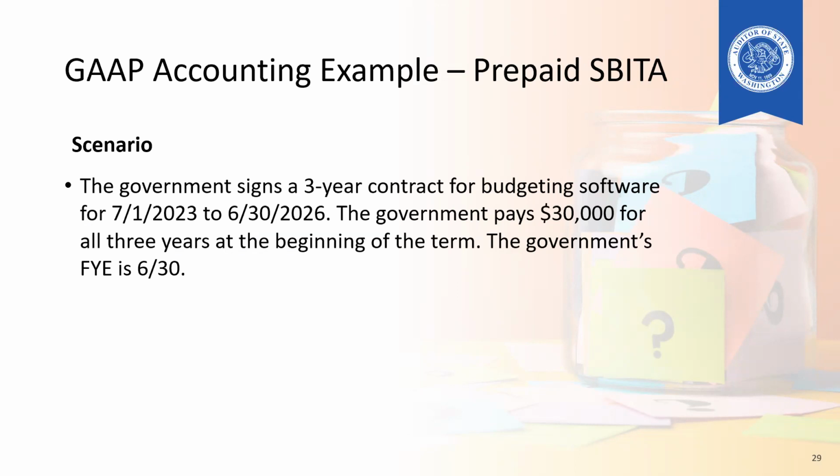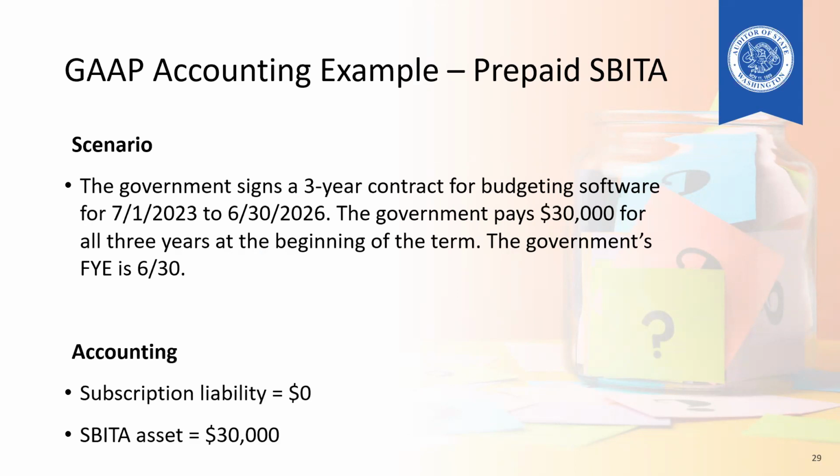So in this case, we have a 3-year contract, but this time, instead of paying $10,000 per year, the government just pays all $30,000 up front. So how do we account for this? Well, we have no SBITA liability to report. You paid the entire thing up front.